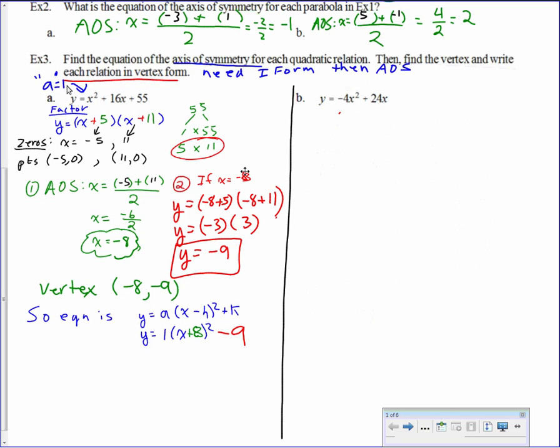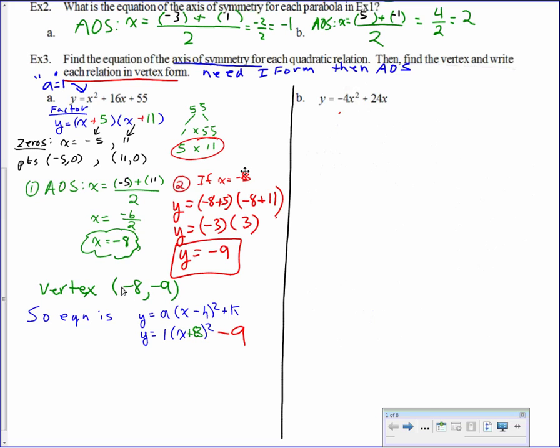So that's what our a value is. Once we find our vertex with our axis of symmetry and y is negative 9, our minimum value, this allows us to go and use this basic equation to set up our solution.